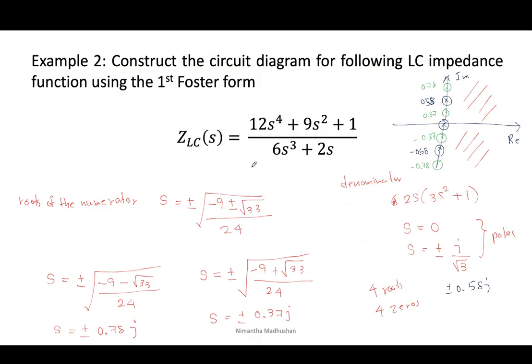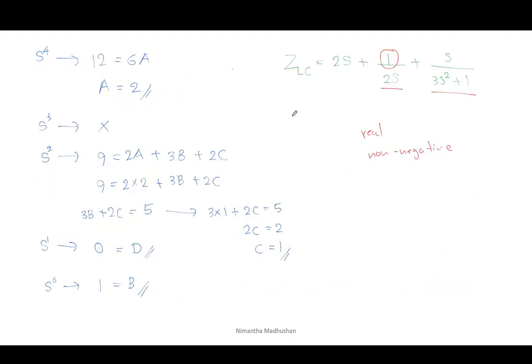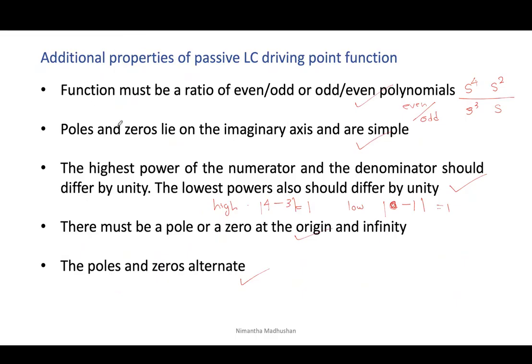I hope you all understand this example. First, we have to check whether the function is realizable by examining the properties of the passive RLC function, and then you can consider the additional properties also.